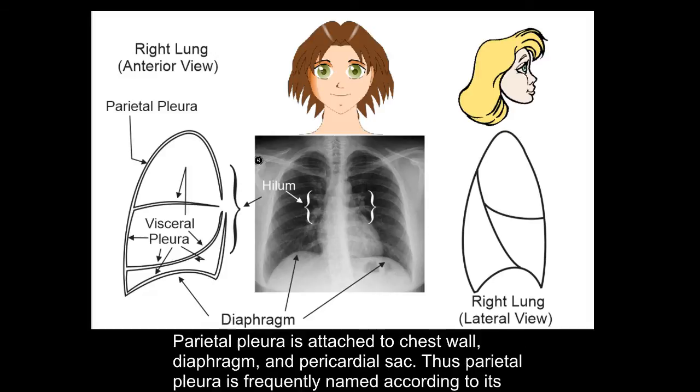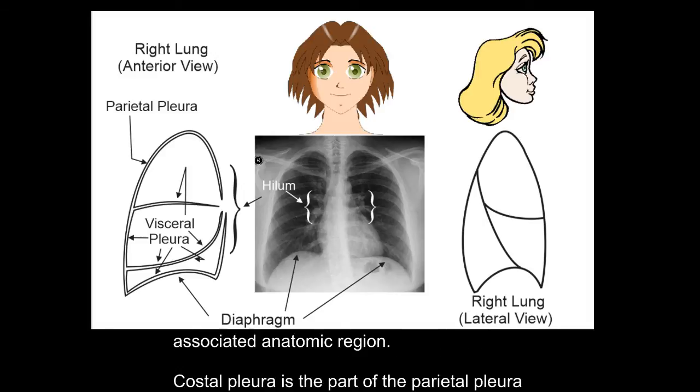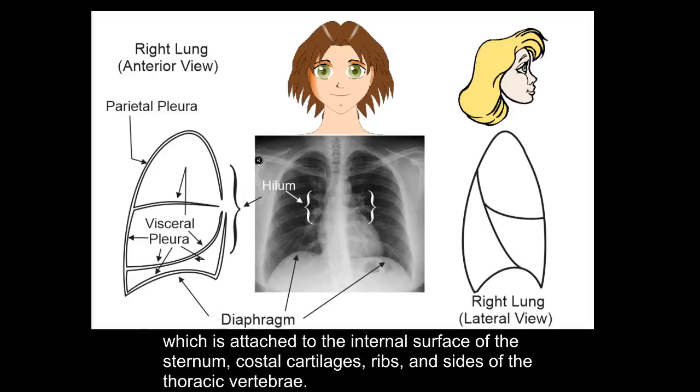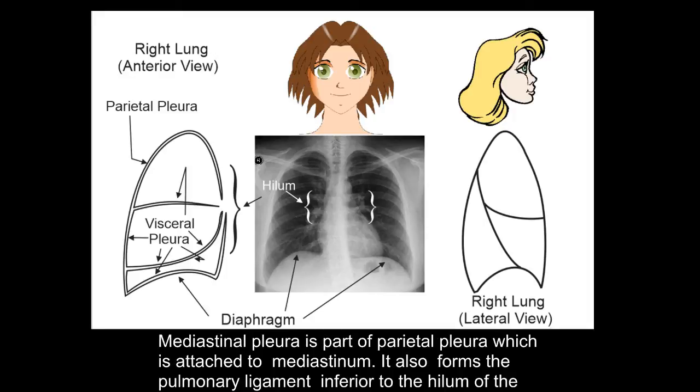Parietal pleura is attached to the chest wall, diaphragm, and pericardial sac. Thus, parietal pleura is frequently named according to its associated anatomical region. Costal pleura, for example, is the part of the parietal pleura which is attached to the internal surface of the sternum, costal cartilages, ribs, and sides of the thoracic vertebrae. Mediastinal pleura is the part of the parietal pleura which is attached to the mediastinum.